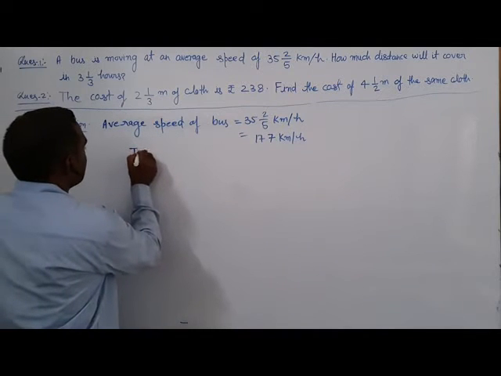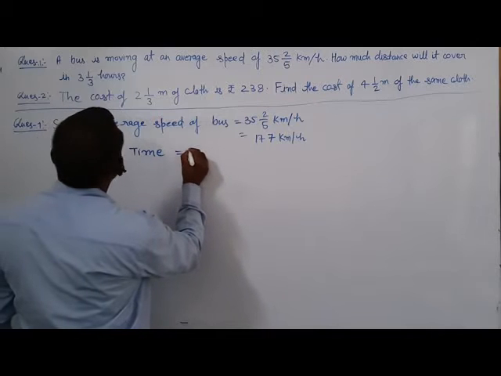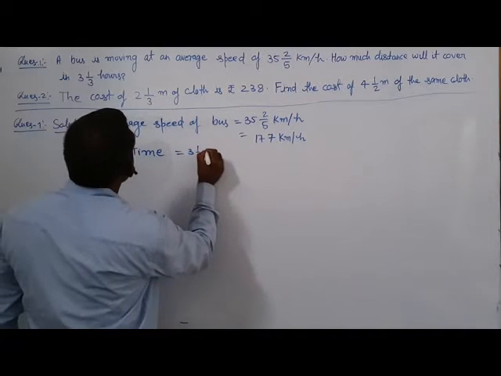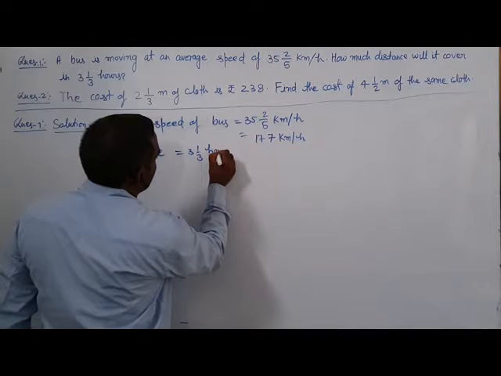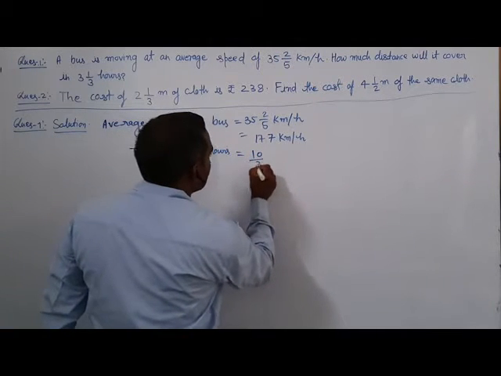Time, what is time? Time is equal to 3 1/3 hours, which is equal to 10/3 hours.